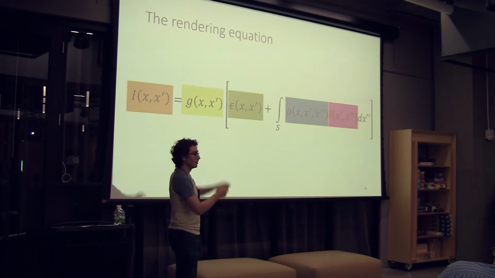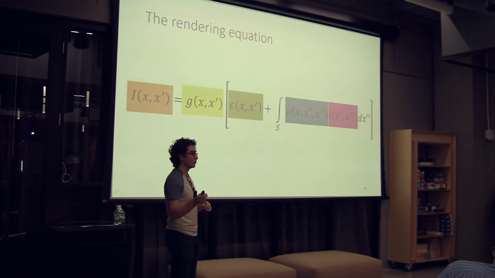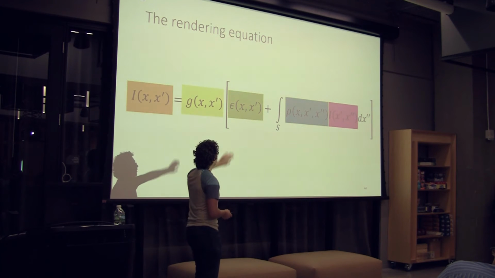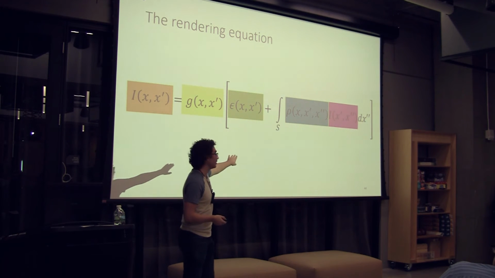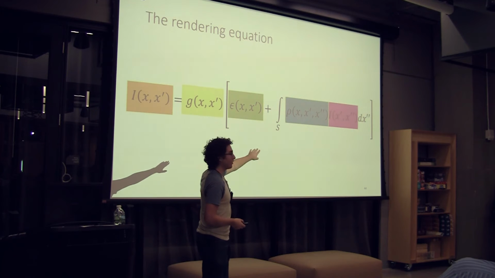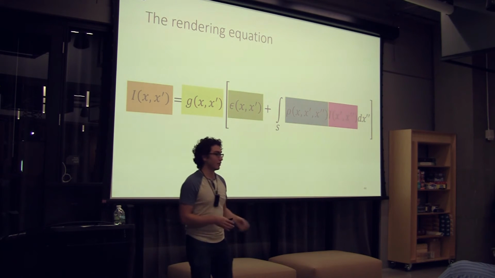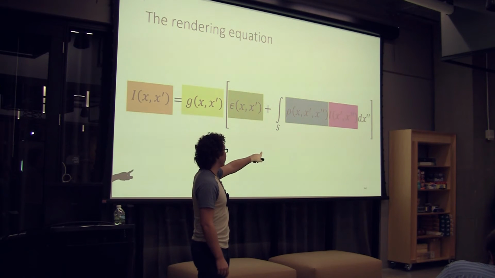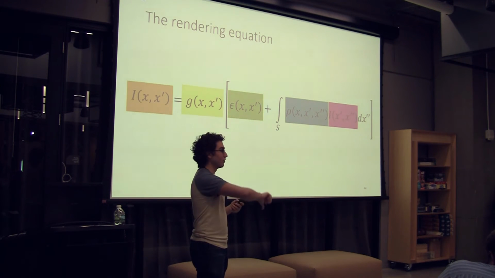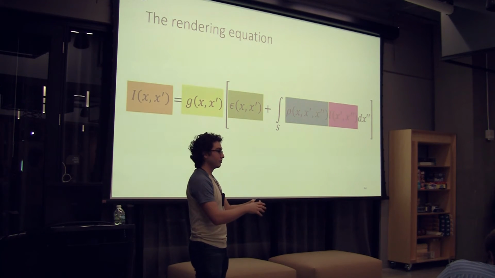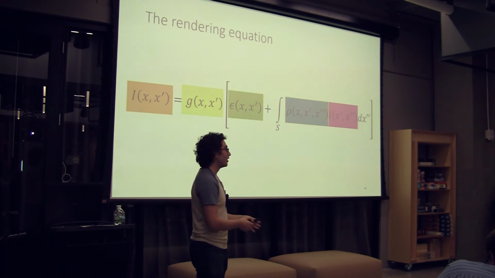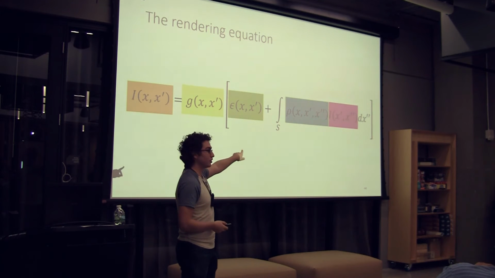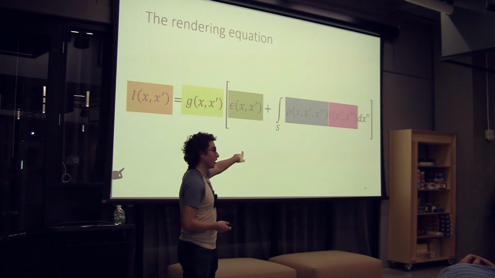So light could get from x prime to x, so we'll just do the normal thing. x prime is definitely not an emitter. And now we have this integral to deal with all the other light that's coming through. There can be light coming from some other point towards x prime. So that's our object, that's a black hole. That's fine. That term is going to have a value. It's this rho term that's going to be 0. Oh, okay.